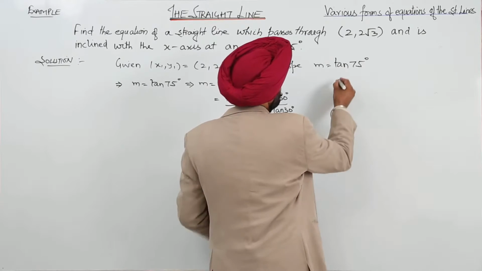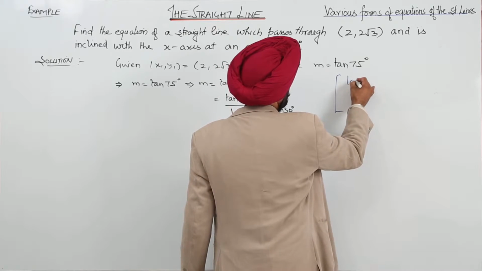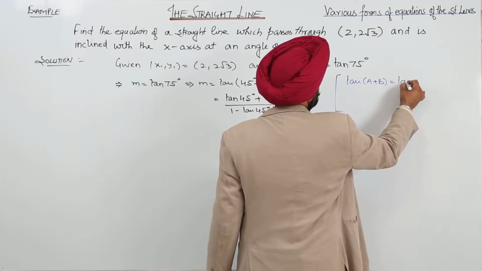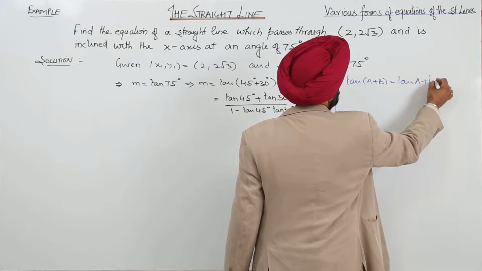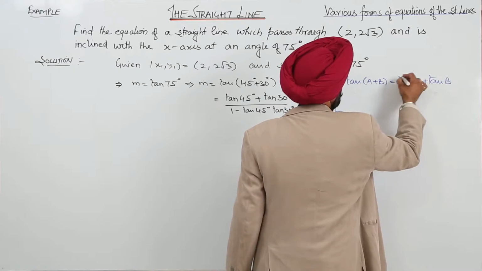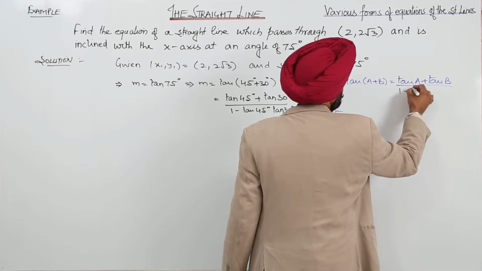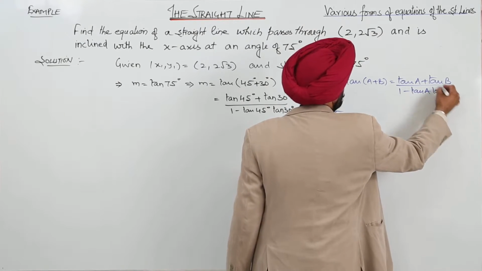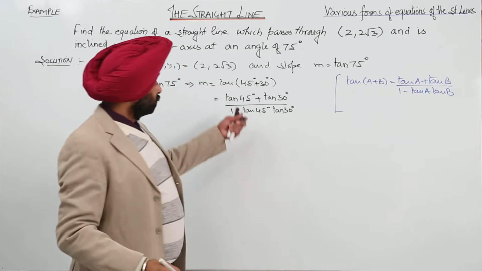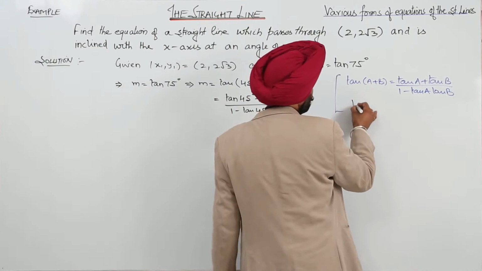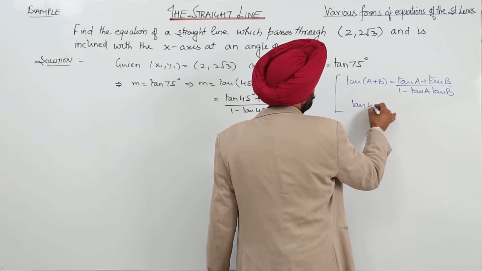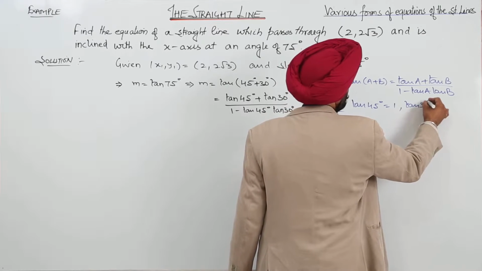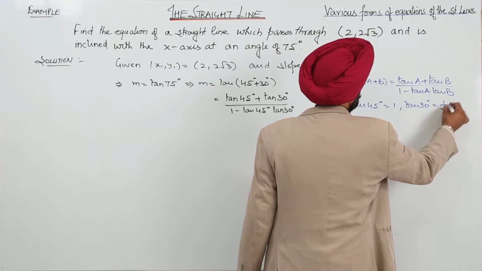Now we have used tan(A plus B) is equal to tan A plus tan B upon 1 minus tan A tan B. Now values: tan 45 degrees is 1 and tan 30 degrees is 1 upon square root of 3.